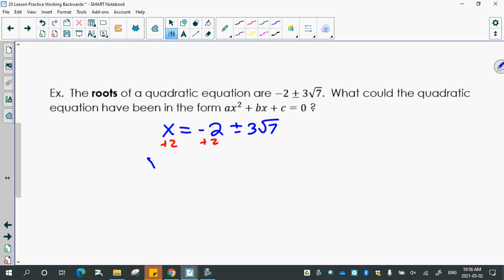So the step before this side would have been x plus 2 equals positive or negative 3 root 7. Okay? That's how we got the -2 there, because we subtracted 2. Now we need to have it squared on both sides. So this side squared and this side squared.